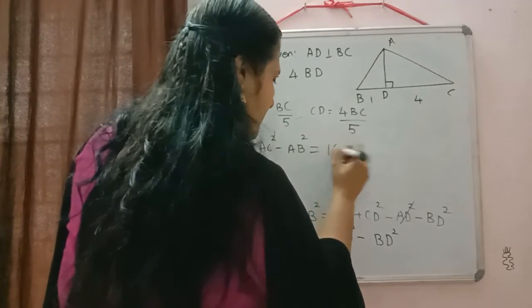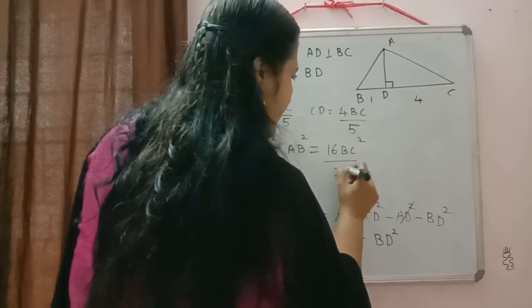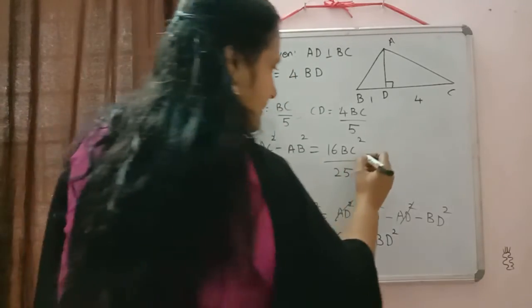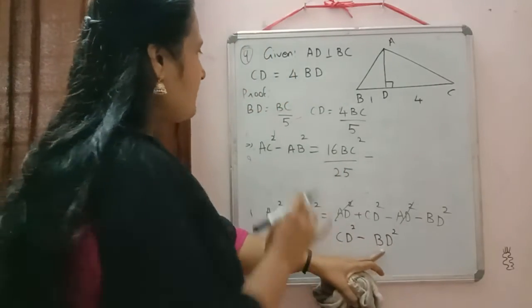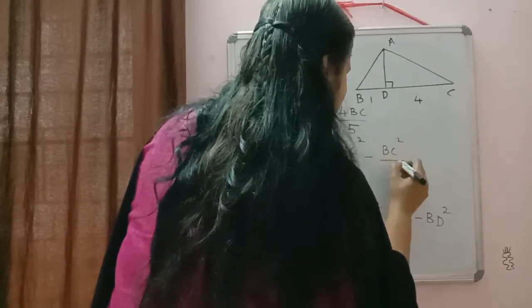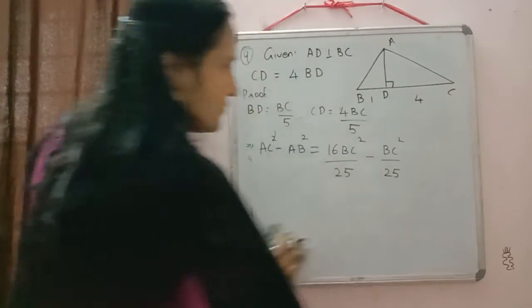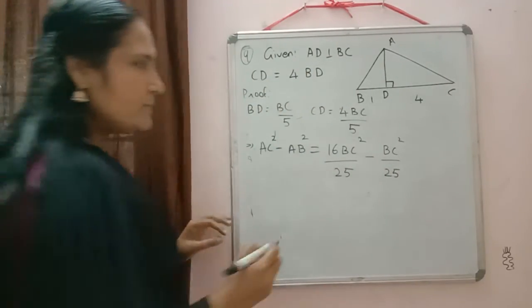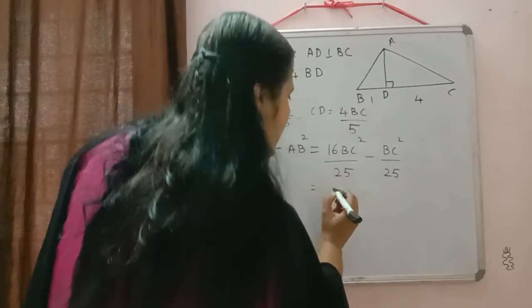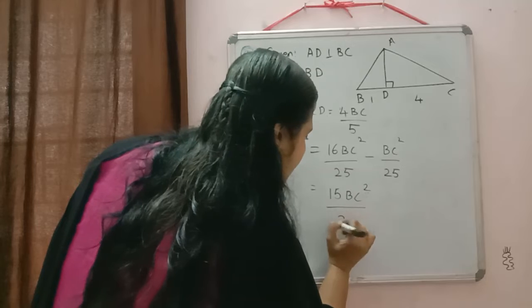So CD square means 16BC square by 25, minus BD square, which can be written as BC square by 25. So 16 BC square minus BC square will be equal to 15 BC square by 25.